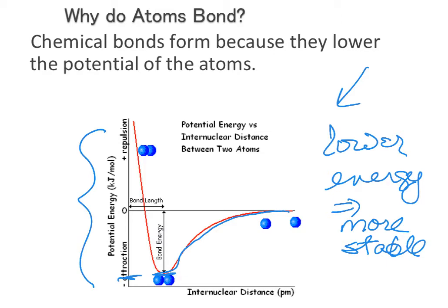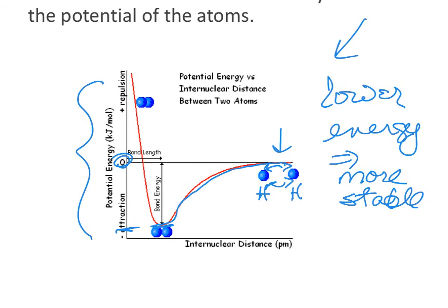So let's pretend that these blue spheres are hydrogen atoms. And let's say in the beginning here, they aren't close enough to feel each other. So we're going to call that zero energy, okay? Then we're going to start bringing them closer to each other. And so that's what the x-axis is.